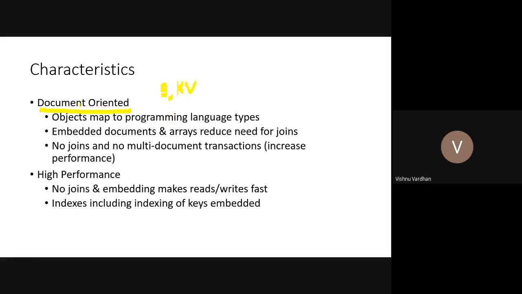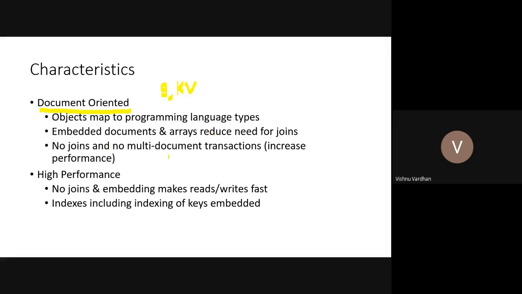So naturally, the MongoDB is normally a document-oriented format. So objects map to the programming language types. So there are these particular JSON objects. We can easily convert them into the respective programming language types. Okay, because ultimately the JSON is also one kind of JavaScript object notation. So naturally, it is allowed to do the conversions in an easier way.